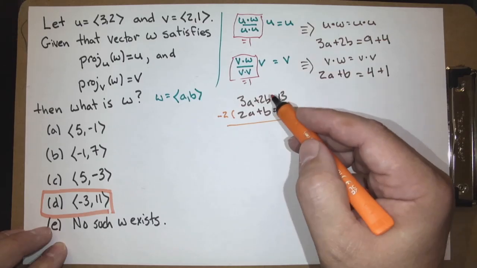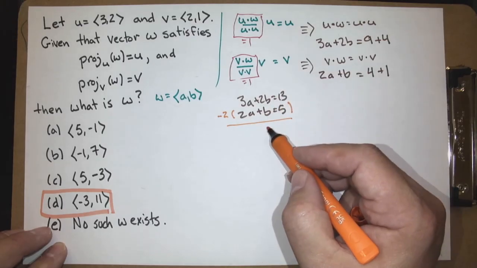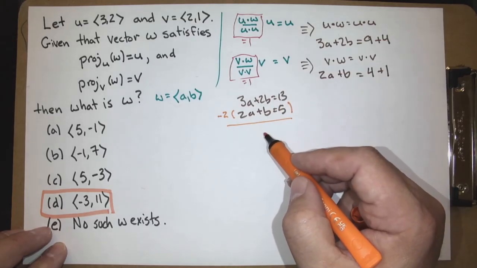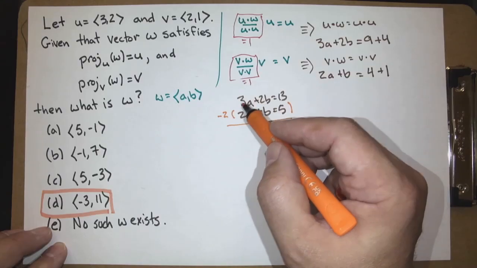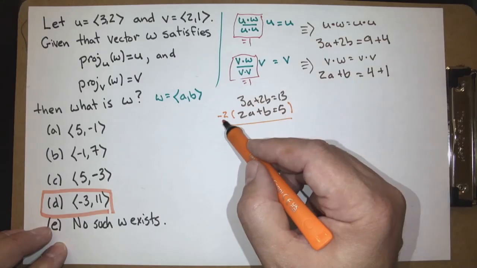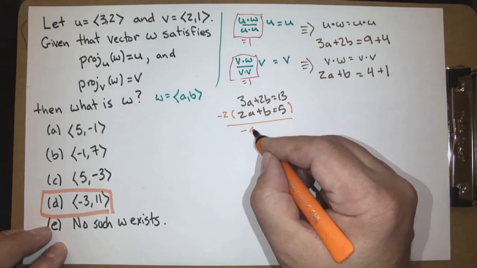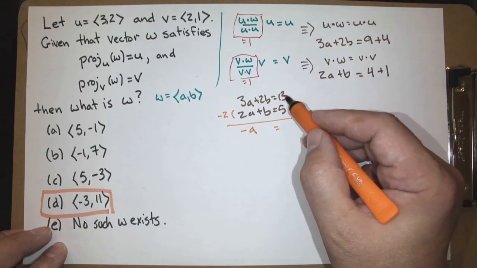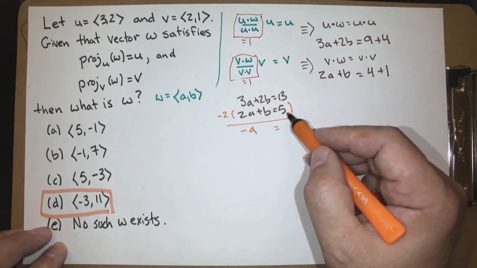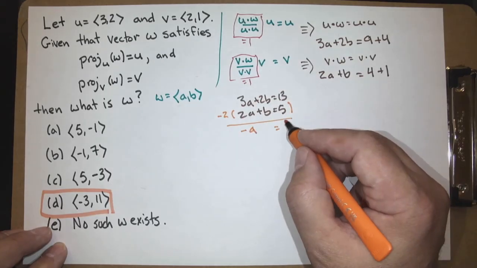If we do that, 2B minus 2B, no more B's. 3A minus 4A, because minus 2 times 2A makes minus A. 13 minus 10 is 3.